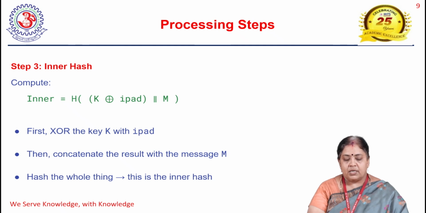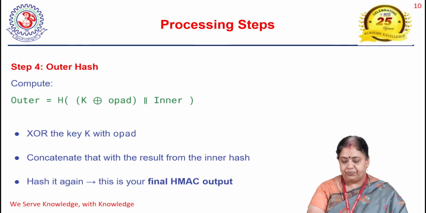Okay. So what happens? We first XOR the secret key with IPAD, the inner padding constant. After performing the XOR operation, we concatenate the result with the message M. Then this whole thing is given to the hash function. This we call the inner hash. Then we go for the outer hash.